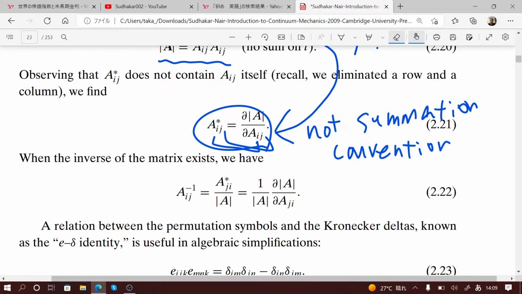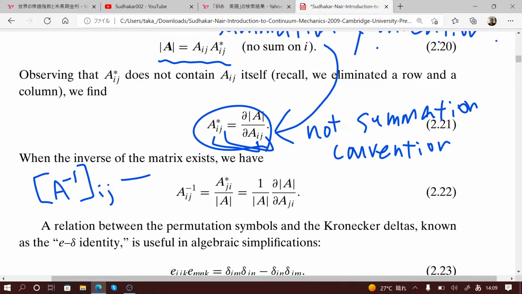I think the complication is this: whether A inverse ij is the same as this, the inverse of Aij.